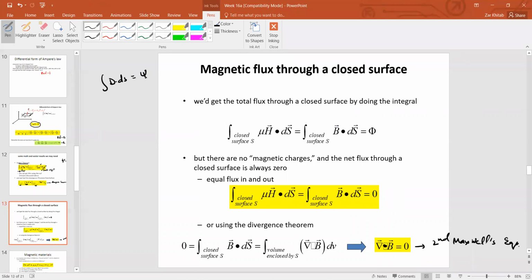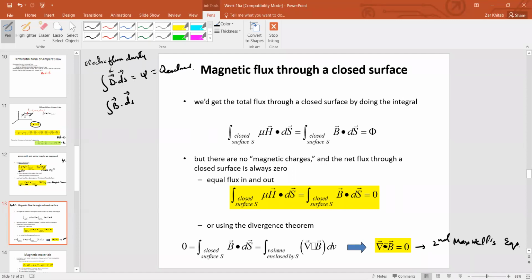It was psi, the electric lines of force, or the charge Q enclosed, right? D dot ds. The electric flux density dot ds, this is Gauss's law, if you remember.